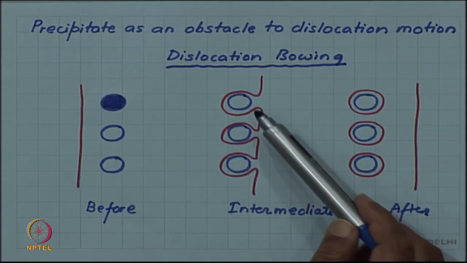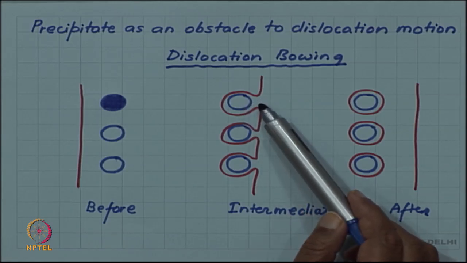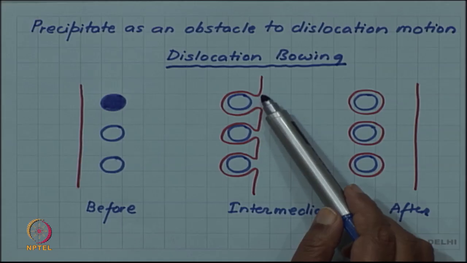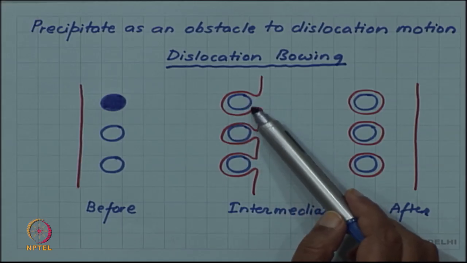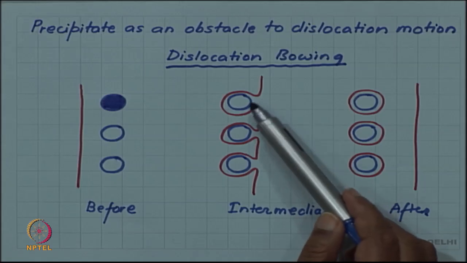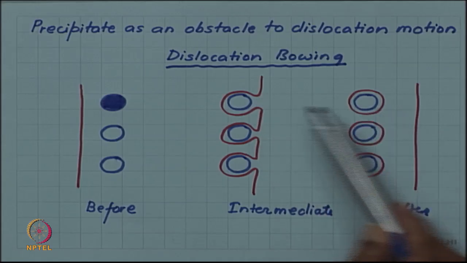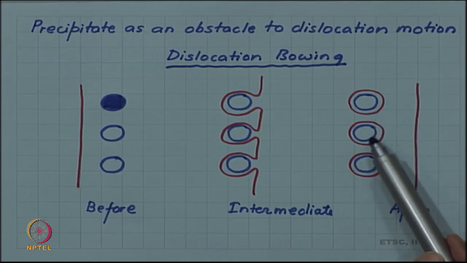And you can see as it is bowing around the precipitate, on the other side of the precipitate, two ends of this loop will start coming close together, and they are of opposite sign. So, when they come close together, finally they will join and form a loop.